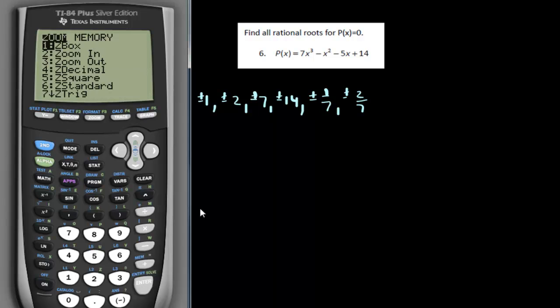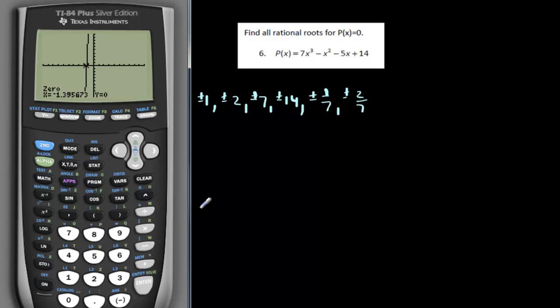Let me just zoom out here. Alright, so it looks like we only have one root here, there. So let's find out what that value is. Second trace 2. There it goes. So there's just under, that's my left, just above, that's my right, and I'm going to guess negative 1.395.